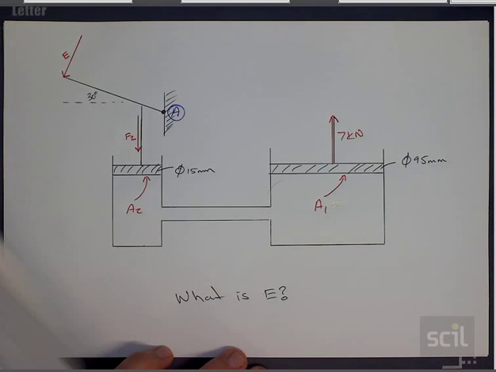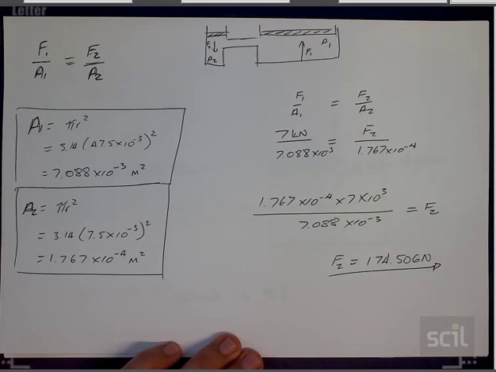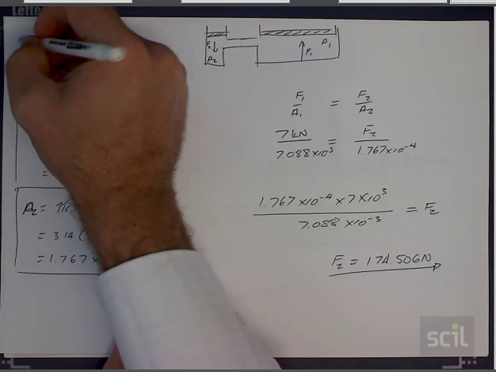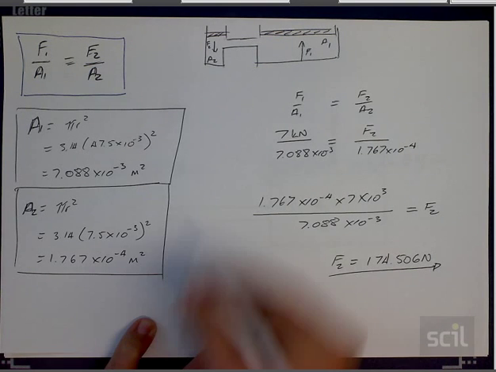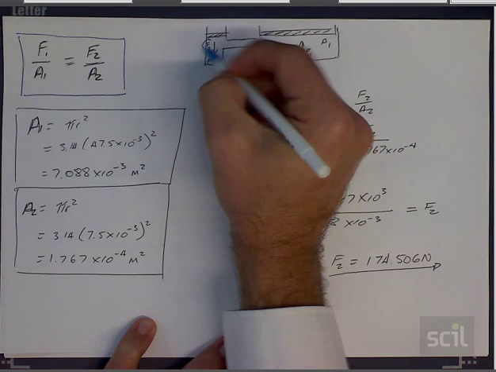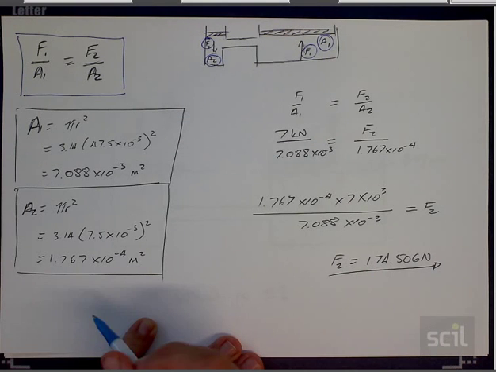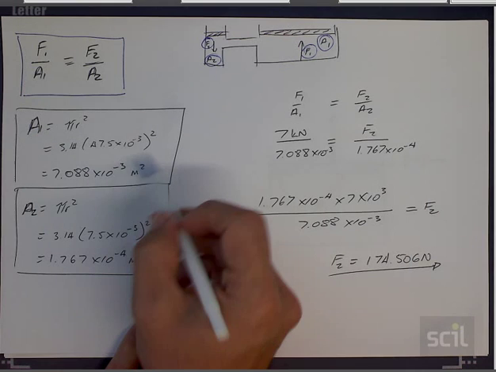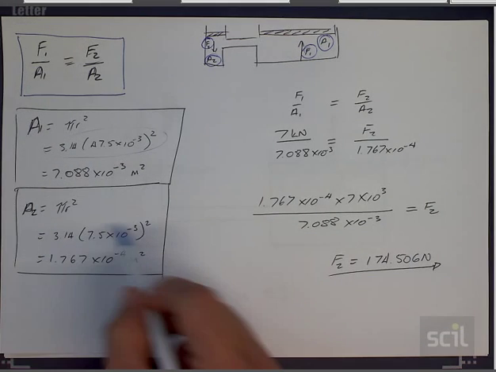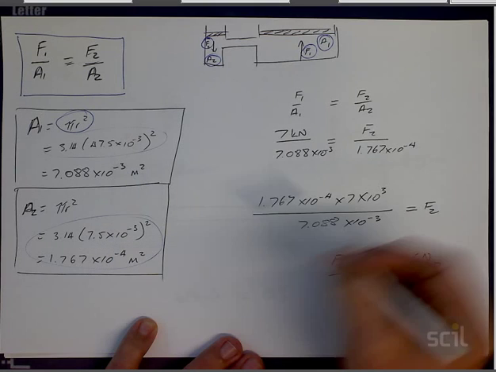but I'll just quickly show you a calculation I've done on the hydraulic system section. Using the equation force 1 over area 1 equals force 2 over area 2 for the hydraulic arm, this being force 2 and area 2, that being force 1 and area 1. All you need to do is, first of all, using the diameters that you've been given, calculate the area for area 1 and area 2, which I've done using pi r squared, and then plug those values into the equation.